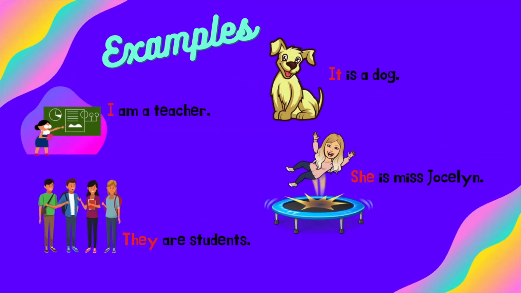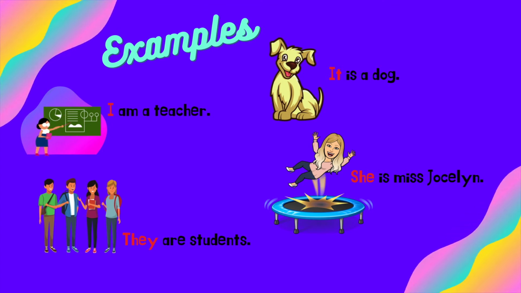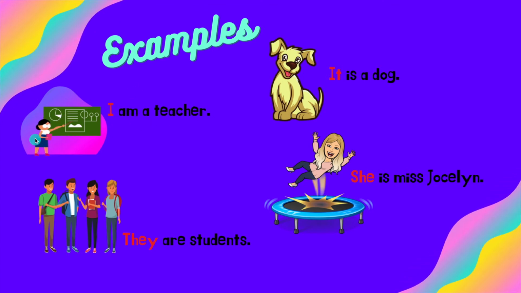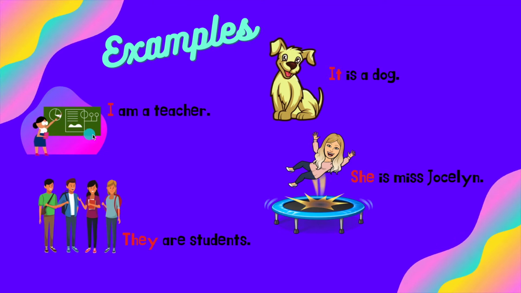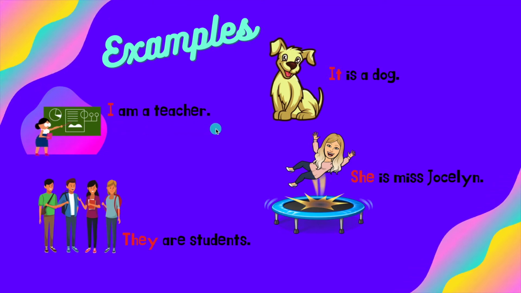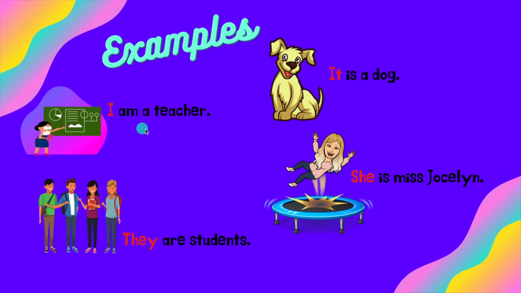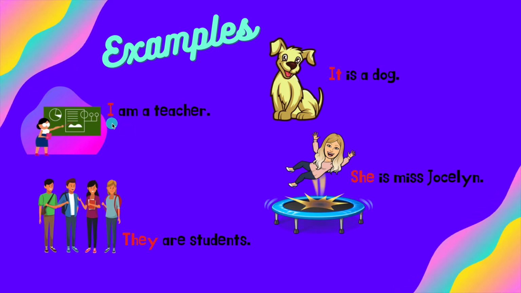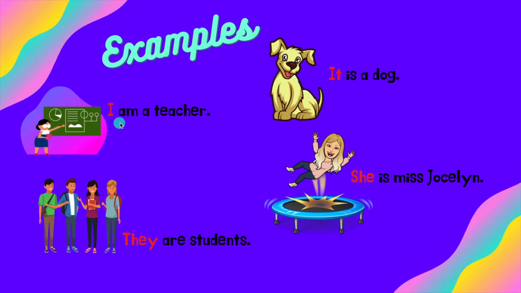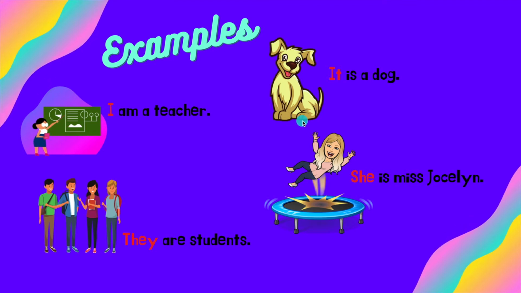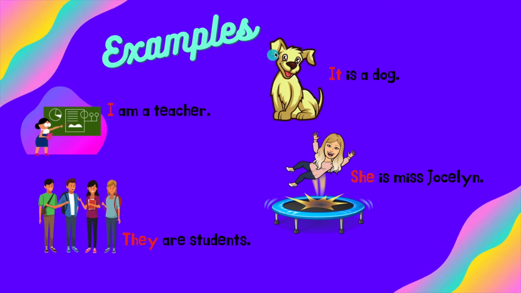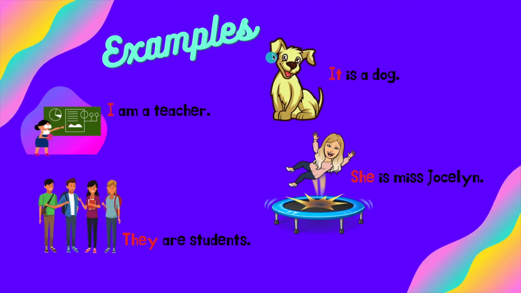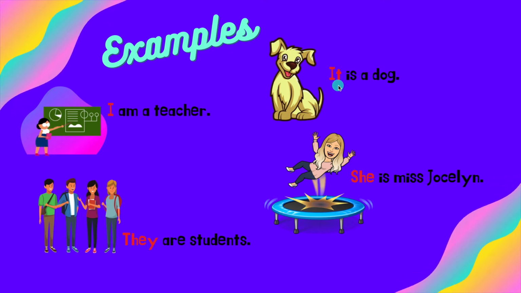Let's continue with some examples that are very important. As you can see here, there is a lady that is teaching and says, I am a teacher. Here I have a subject pronoun. I am a teacher. Then here you have a dog. Remember that the dog is the representative form of the word it.